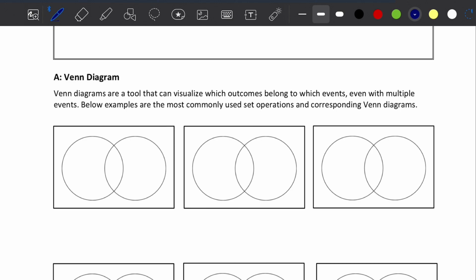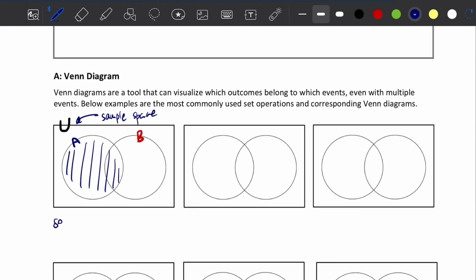First of all, we can say that the bigger space, the rectangular box, is our sample space U. This is our sample space U. And we can say that there are event A and event B. If we only consider the event A in a Venn diagram, we can simply say that this Venn diagram is the case of the set A, probability of A, number of A.